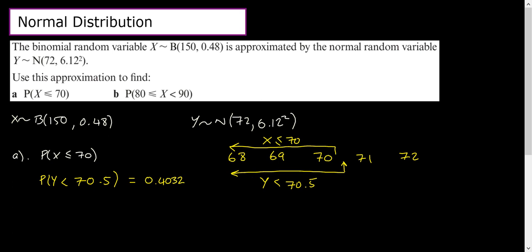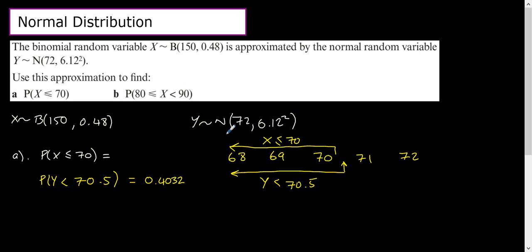Now, just out of interest, we can actually do this on our calculators. We're not asked to work it out, but let's work out the probability that X is less than or equal to 70 using a binomial distribution just to see how close we are. So we go to menu 7, and we'll go to binomial CD. We'll go to variable rather than list. Our X is 70, our n is 150, and our probability is 0.48.